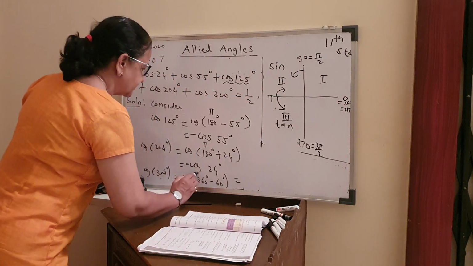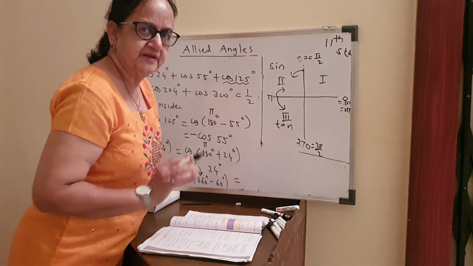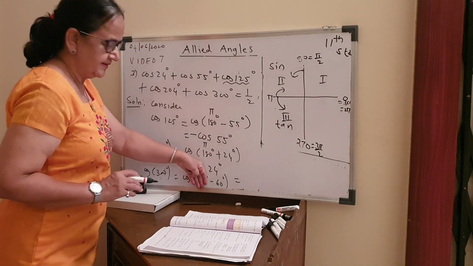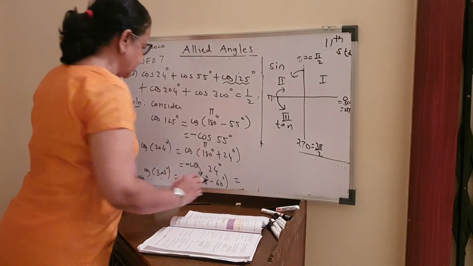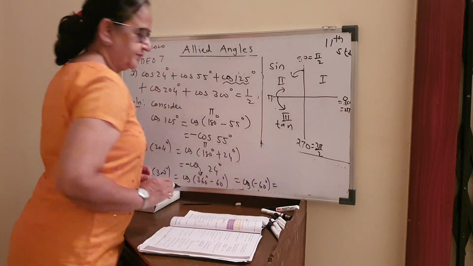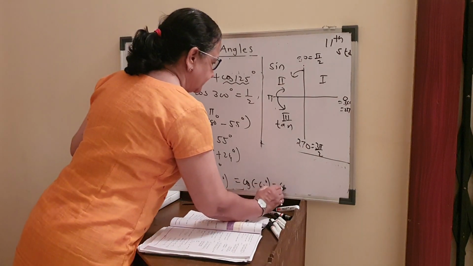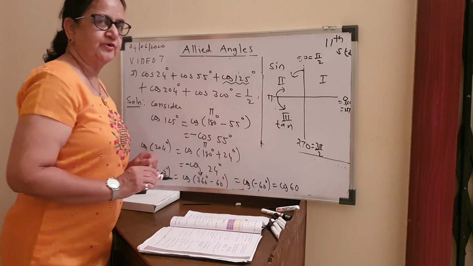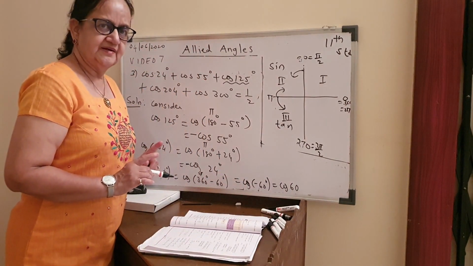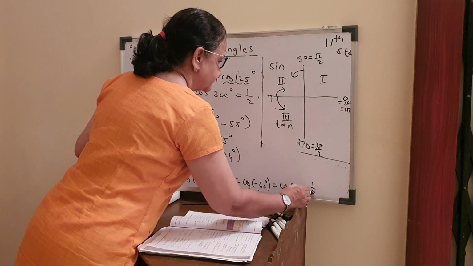Now on top of 360 I will write 2 pi. 2 pi means everything very, very simple. Just omit 2 pi. What I got? Minus 60. So it is cos of minus 60. But cos of minus theta is the same as cos theta. Which two ratios I told you? Only cos and sec. Rest all, minus sign comes out. And cos 60 is half.